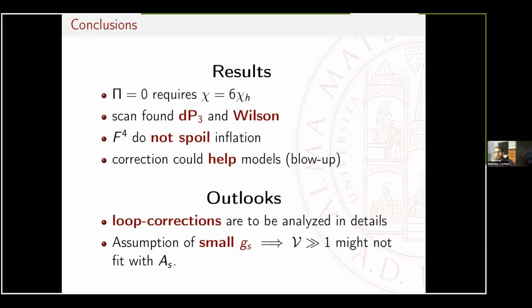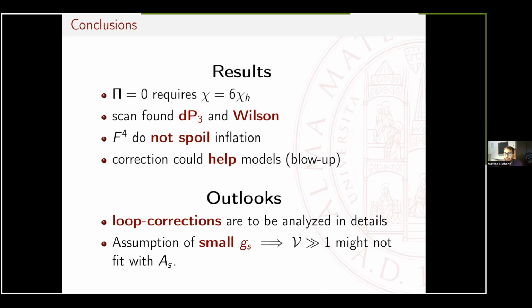However, one should be more careful about this statement, because if one assumes a small string coupling to eliminate these loop corrections, this implies that the volume is very big, since the volume has an exponential dependence on the string coupling. So since we also use the value of the volume to match the density perturbation to the actual value, the smallness of g string could give us a volume that is too big to match these predictions, and so this fit could not be valid anymore.